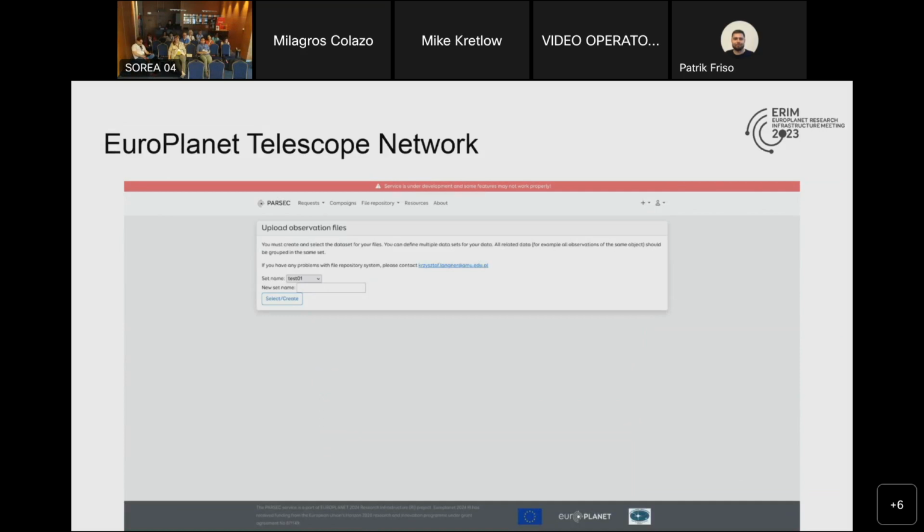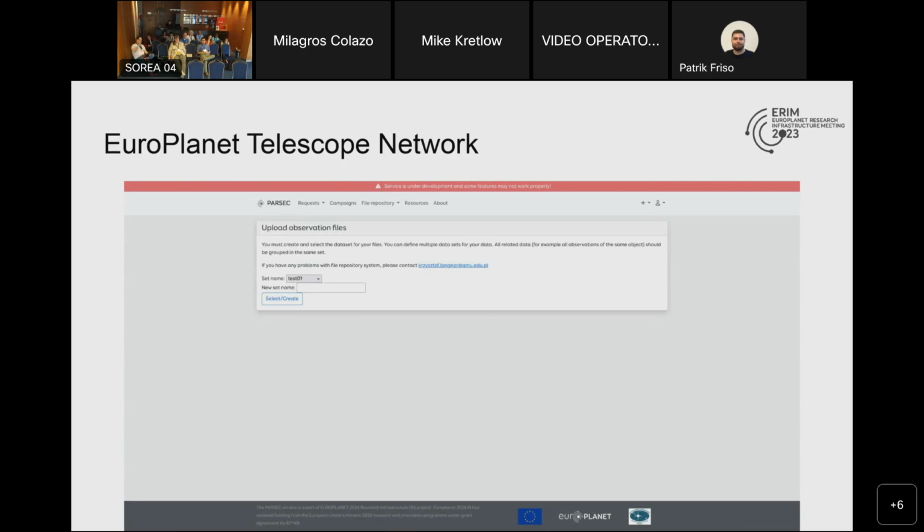There's also a hidden functionality of PARSEC alert system, which is a Europlanet Telescope Network file repository. So as you probably know, there are plenty of proposals going on using the telescope network, and the data are supposed to be shared through the VESPA service.